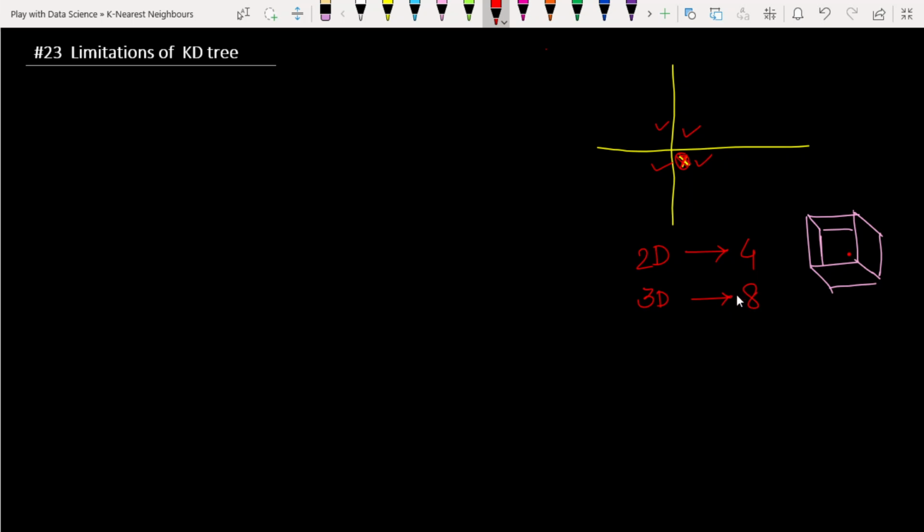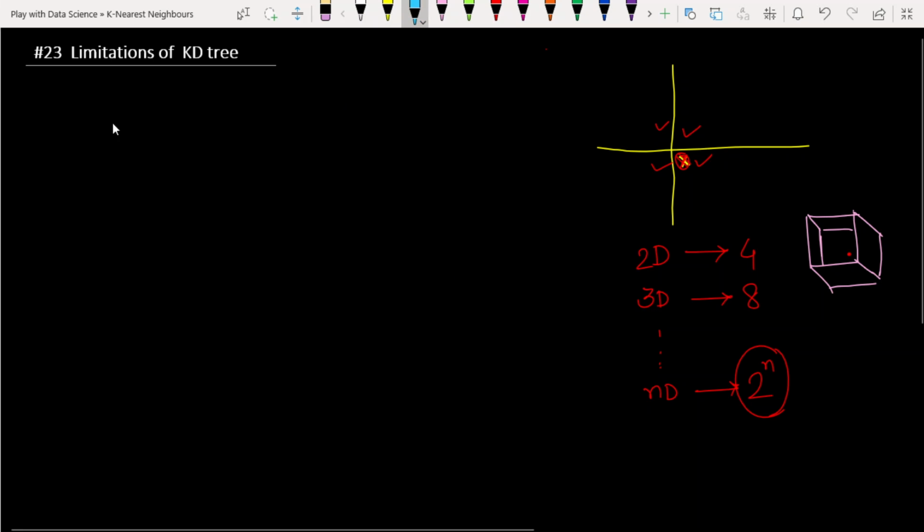And similarly for n dimensions we have 2 to the power n regions. So what happens if we increase the number of dimensions?